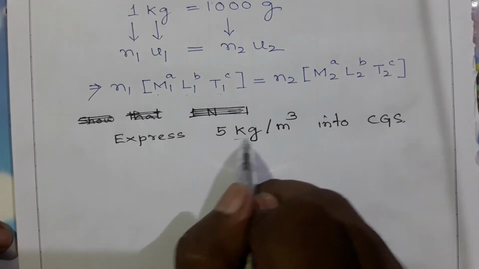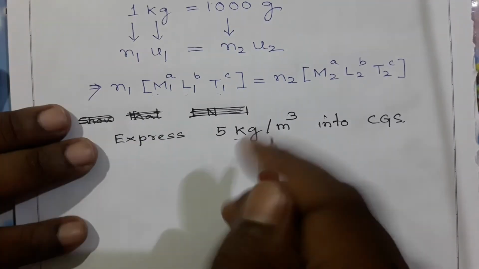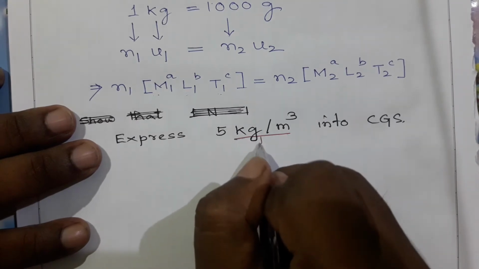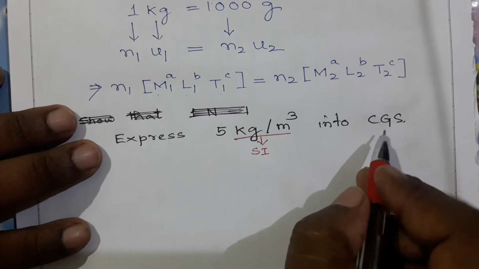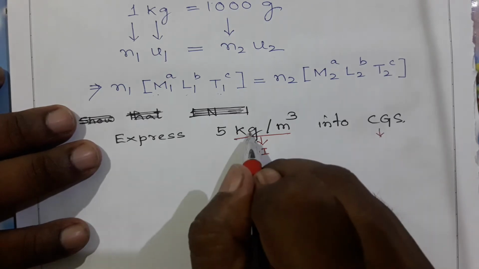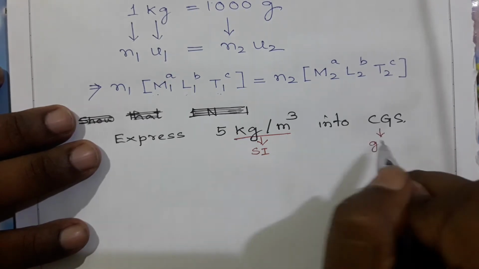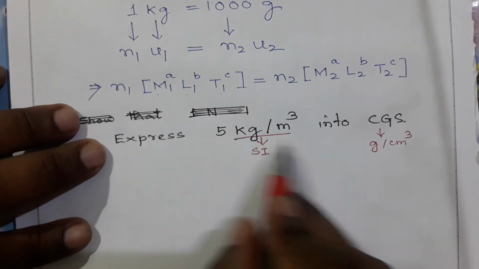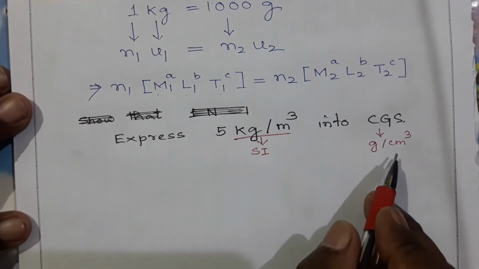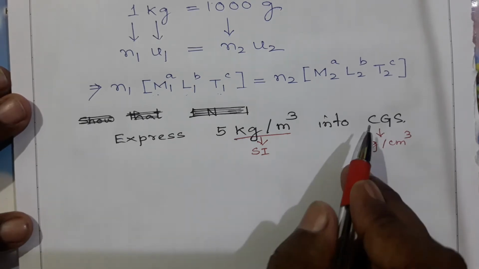This kg per meter cube is in SI system. Now we have to convert this into CGS. What is the CGS value? Kg will become gram and meter will become centimeter. So we have to convert kg per meter cube to gram per centimeter cube. That is from SI to CGS.